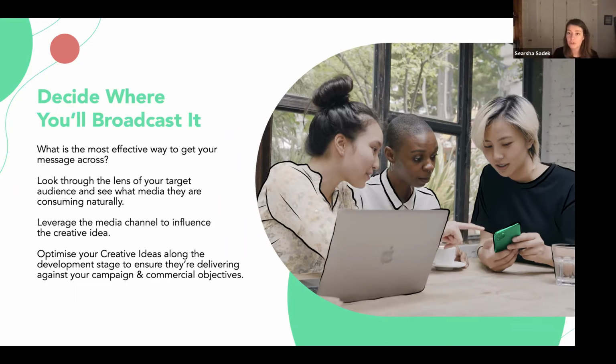If it's slightly more thoughtful, or maybe even slightly more provocative and antagonistic, maybe the best place for it is Twitter. So think about what channel suits the idea you've had. At this point, you start to think about where you'll broadcast it. You can have some ideas in your mind. Just be ready to amend them slightly when you get to the creative section if you need to.